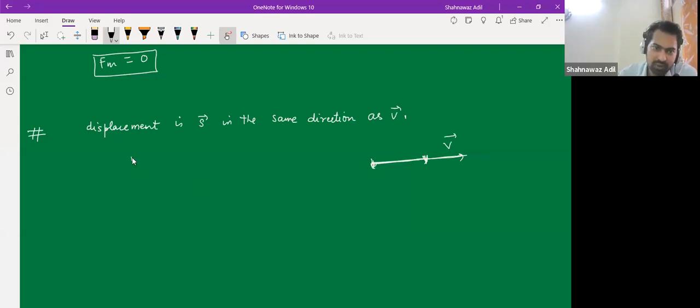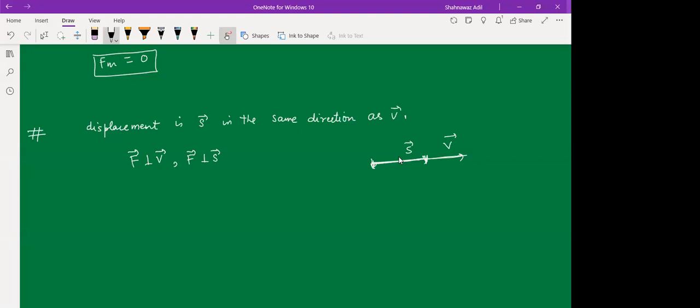So we know that force is perpendicular to velocity, which means that force is perpendicular to displacement. Is this clear, guys?